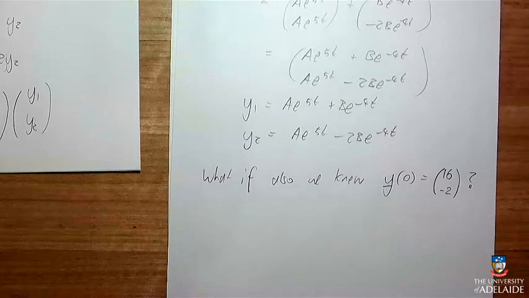Well then we'd be able to sub 0 in for t and see if my vector came out to 16, minus 2.